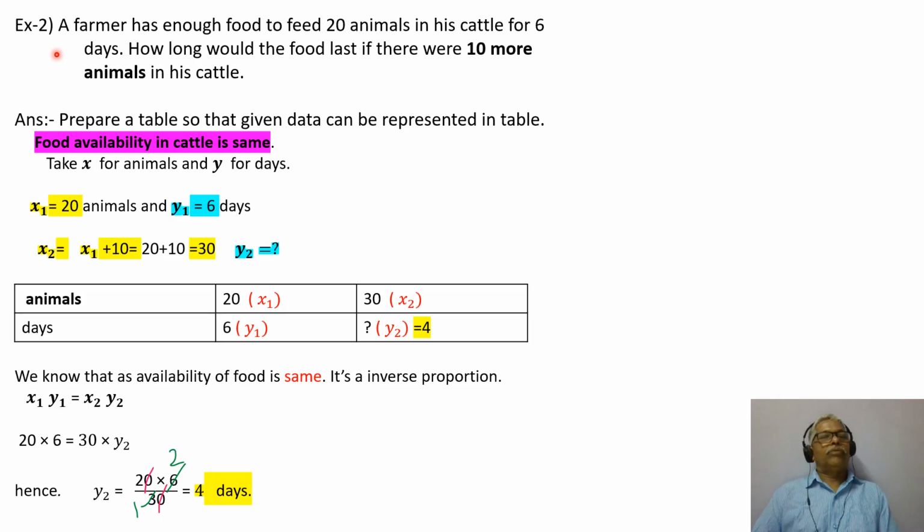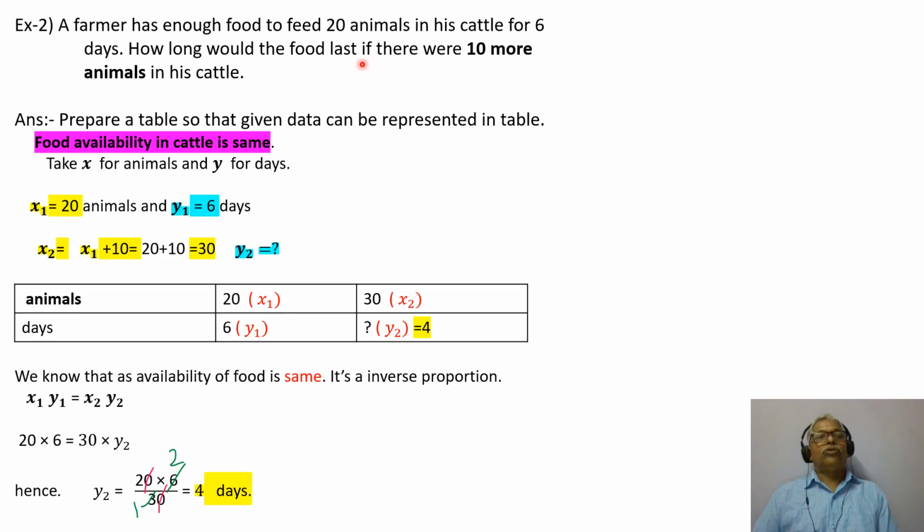Second one: a farmer has enough food to feed 20 animals in his cattle for 6 days. Can you correlate this? 20 animals and days. How long would the food last if there were 10 more animals in his cattle?